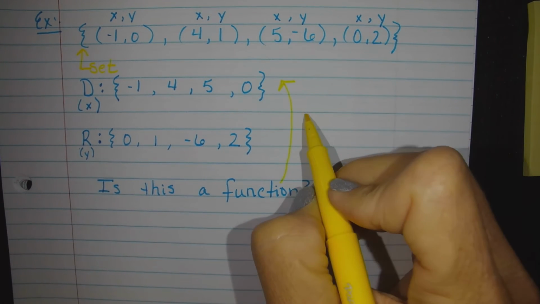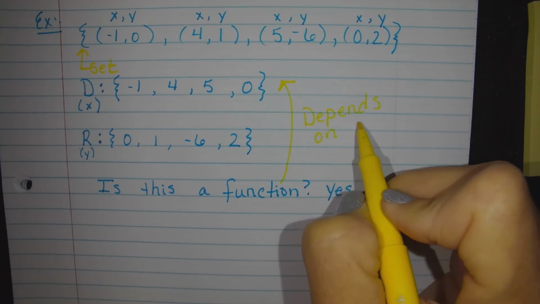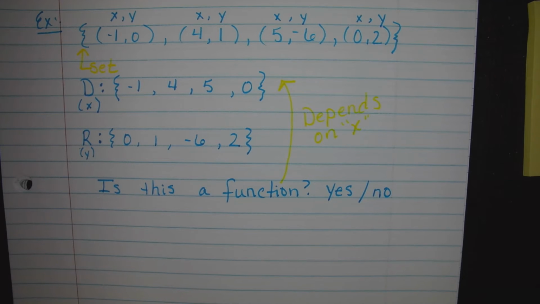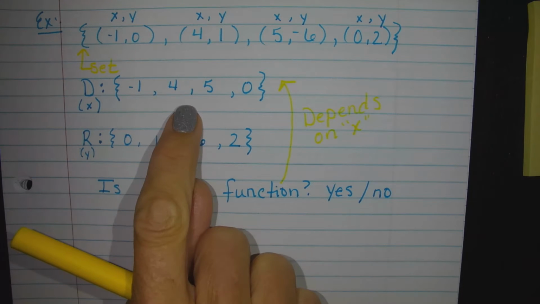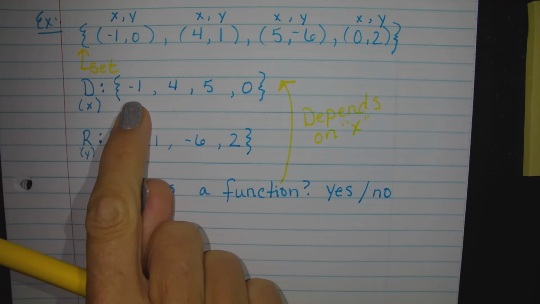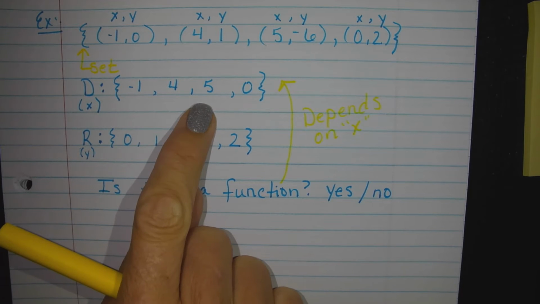It all depends on the x's. Okay, it says depends on x. I want you to look at the domain, and I want you to see, is a number repeated at all? No. -1 is used only once. 4 is used only once. 5, how many times?